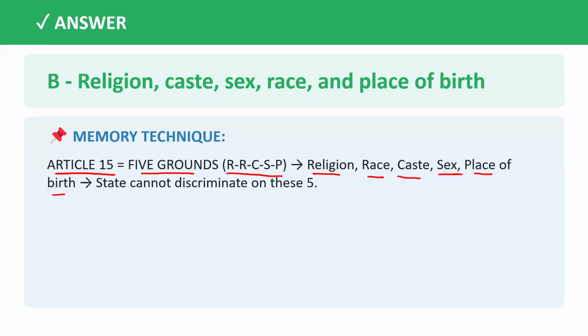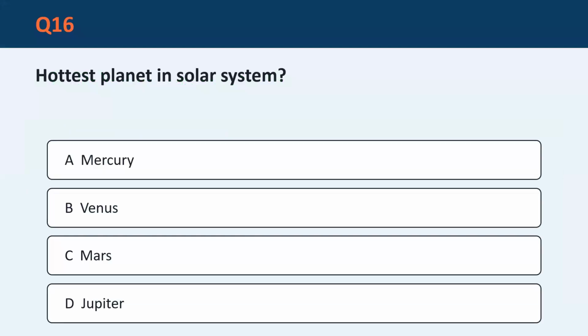The next question is, which is the hottest planet in the solar system? This question may seem very easy, but it is very confusing for many aspirants. The options are Mercury, Venus, Mars, and Jupiter.